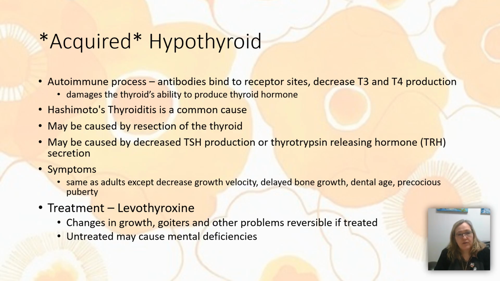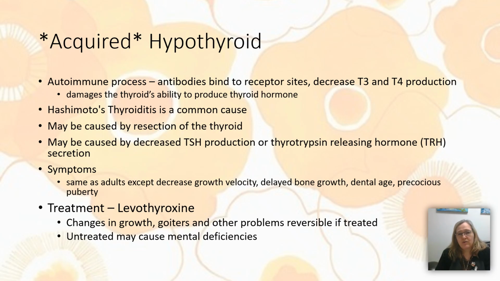So other causes of hypothyroidism in children, an autoimmune process could have caused it. I want you to think of this like you would think of any of your other autoimmune disorders. What's happened is generally there's been a virus. The body has made white blood cells to attack the virus, but the body has overreacted and gotten some of your own DNA into that white blood cell.